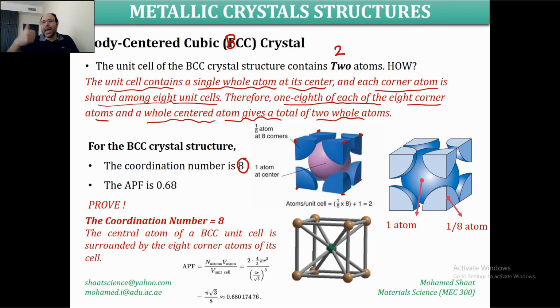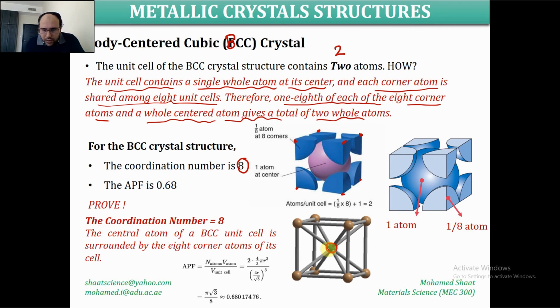In FCC, we had to assume 2 unit cells, and we chose the atom located at the center of the common face between these 2 unit cells. Then we counted, and we ended up with 12. Here, it is enough to assume only one unit cell. There is no need for 2 unit cells for the BCC crystal structure.